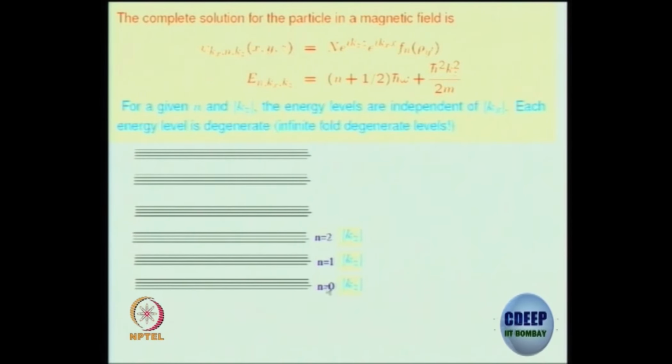Okay, pictorially I can show, if I look at the ground state n equal to 0 with a specific kz, I am not very good at putting infinite, nobody is good at it. So I just put in many lines to say that each level you can have many wave functions depending on choice of kx to be different, but all of them will share the same energy. Okay, so this is what is sometimes called as Landau levels.